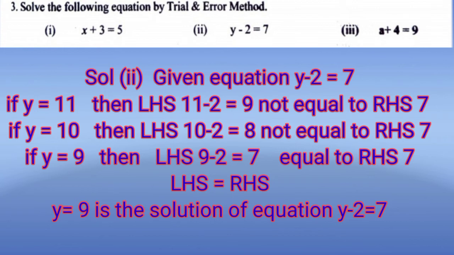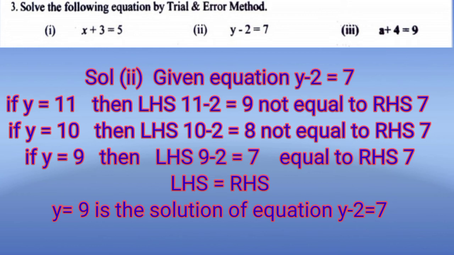Now y minus 2 equal to 7. Given equation y minus 2 equal to 7, where y minus 2 is the LHS and 7 is the RHS. If y equal to 11, then LHS 11 minus 2 equal to 9, that is not equal to RHS 7. If y equal to 10, then LHS 10 minus 2 equal to 8, that is also not equal to RHS 7.